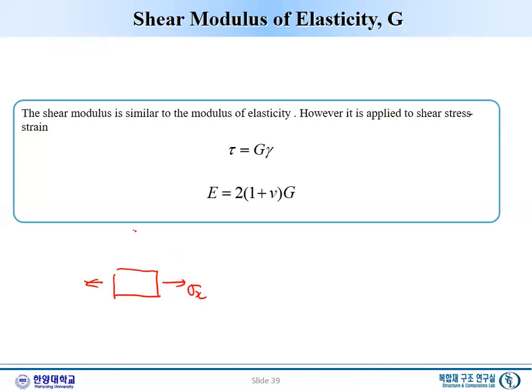Sigma x. This is a 1D version of stress. Now I'd like to expand to the 2D version, meaning that here we can have a sigma x, and exactly the same sigma y. Now, there is one term that appears in the 2D case.